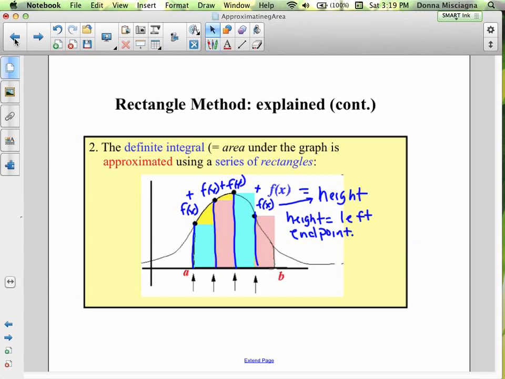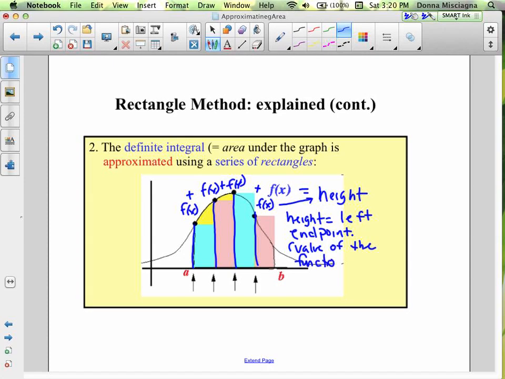So the height is the left endpoint. And I want to put it exactly the same way as I wrote it on the other slide, and I forgot what I wrote. So value of the function may not be exactly the same, but have the same meaning. Value of the function where the rectangle hits on the left-hand side. Very mathy word there.